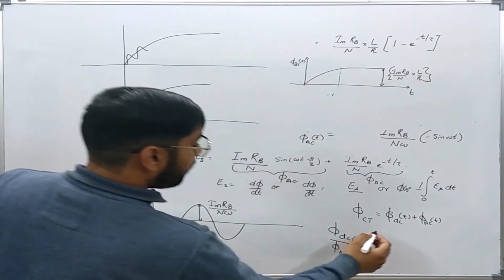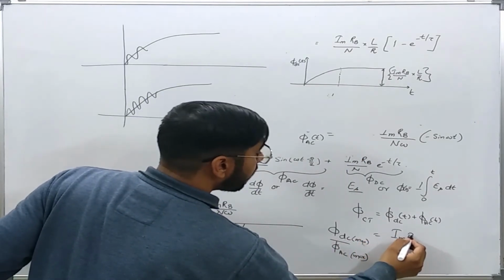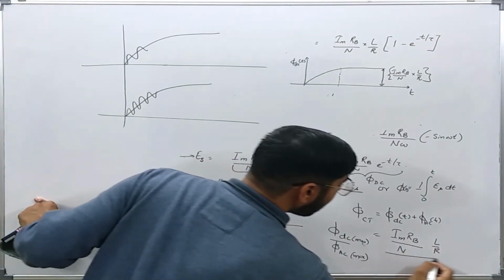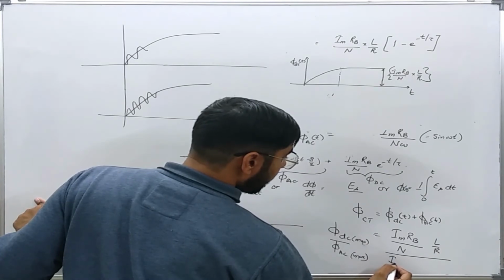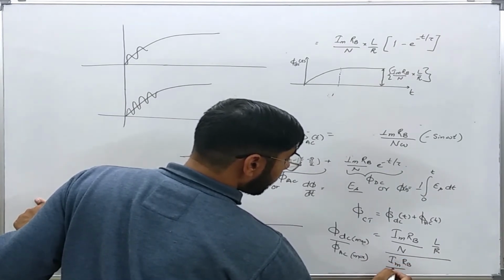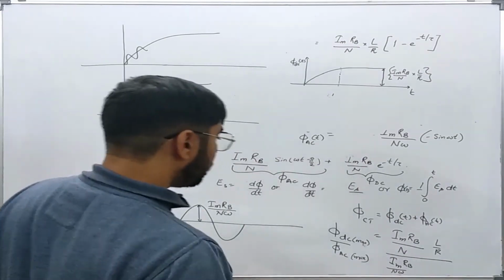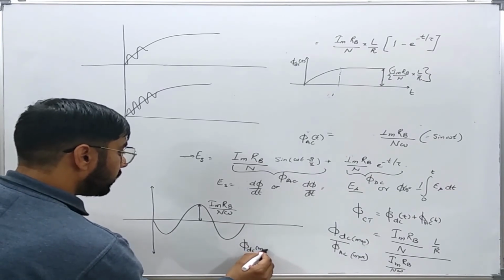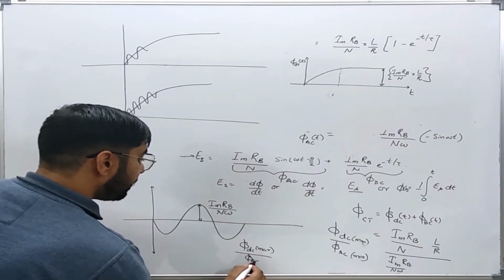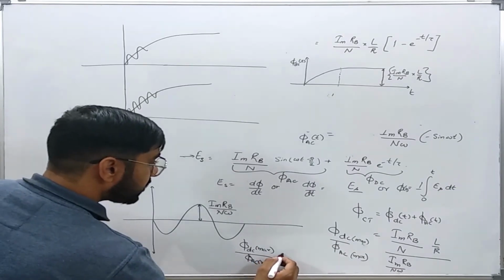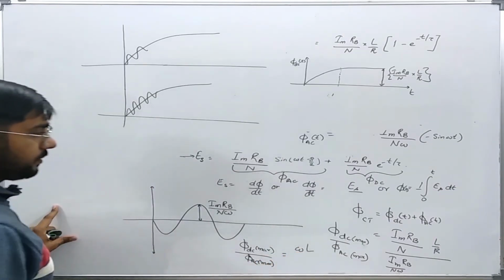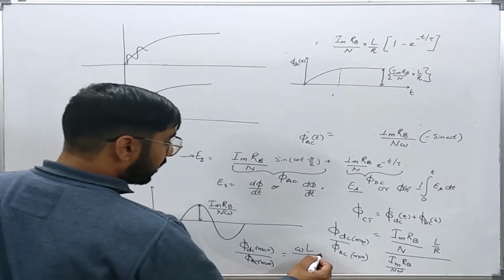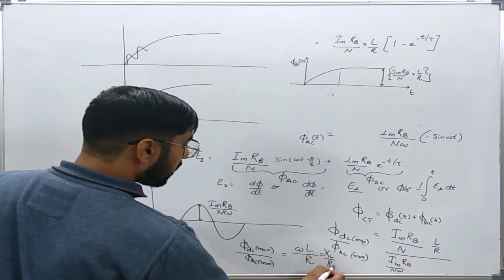So it will be Im RB over N, L over R, divided by Im RB over N omega. So phi DC max over phi AC max can be written as omega L over R. It is nothing but XL over R.